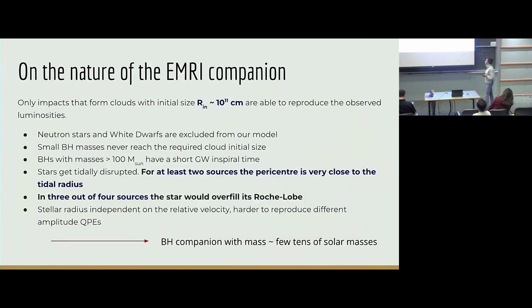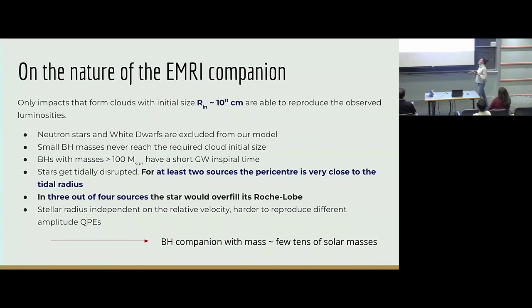And then I wanted to just touch a little bit upon the nature of the EMRI companion. As I said, the more stringent requirement is that the cloud size needs to be 10 to the 11 centimeters. So this naturally can rule out some compact objects such as neutron stars and white dwarfs because they're too small to produce the sizes that we need.